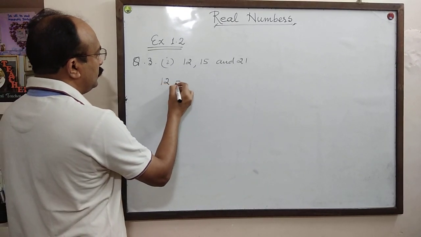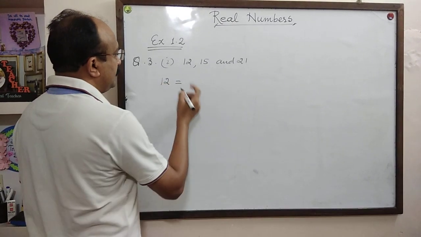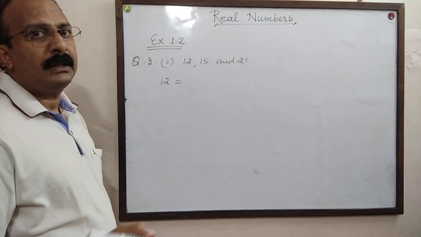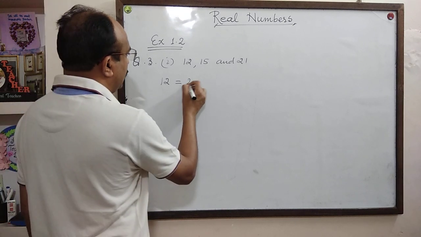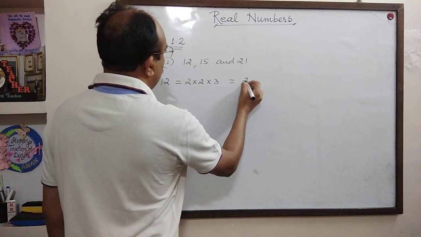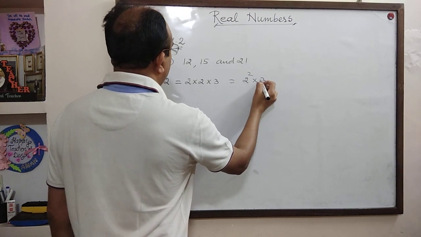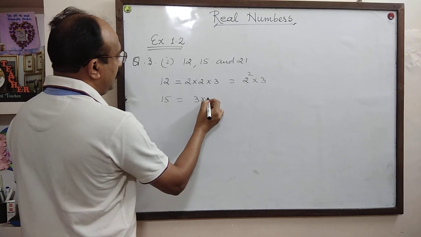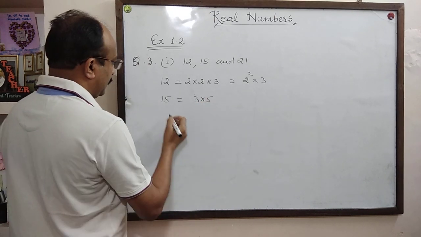Take the first number 12, prime factorization, 2 into 2 into 3, which can be written as 2 power 2 into 3. 15 factors are 3 into 5.